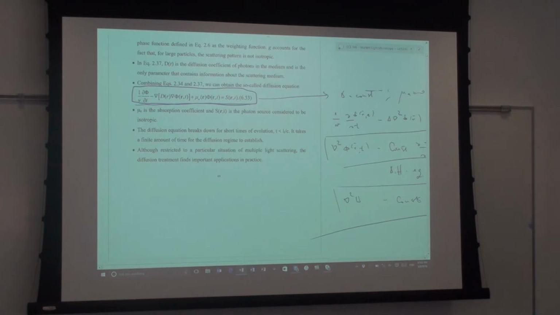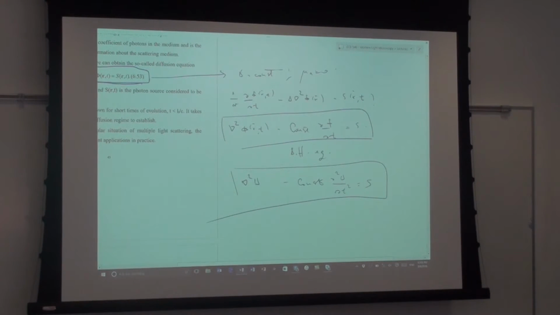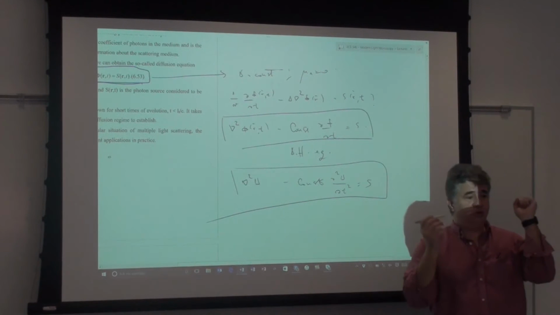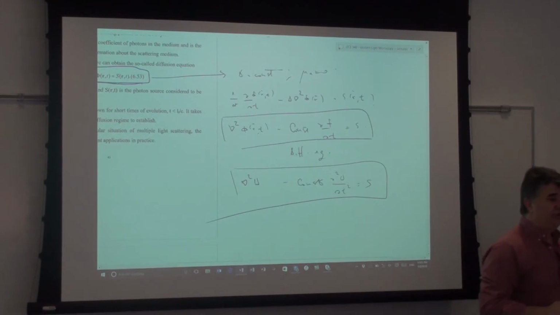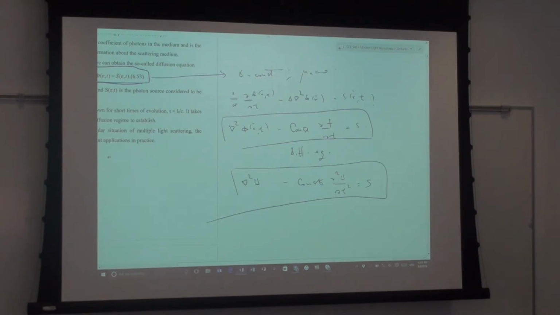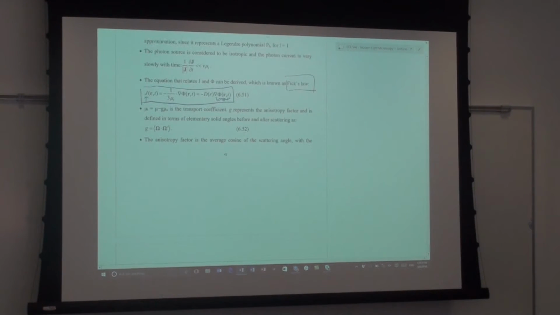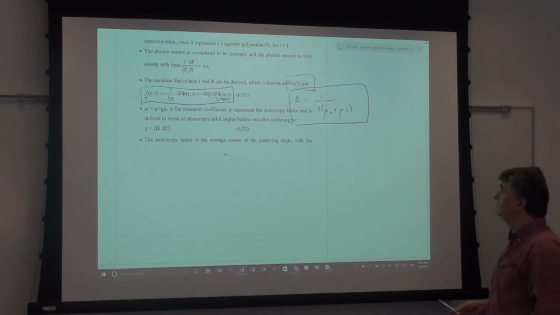So, how do you solve this? So I'm sending a pulse of light to my tissue. Oh, by the way, the diffusion coefficient is related to here: D equals 1 over 3(μa plus μs).